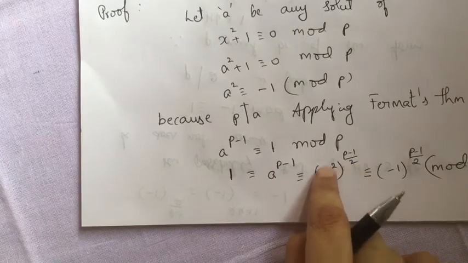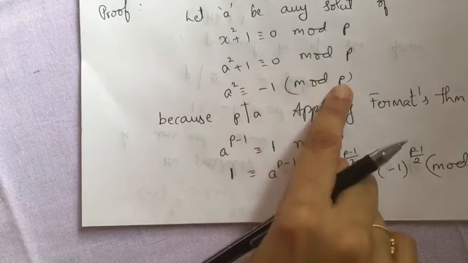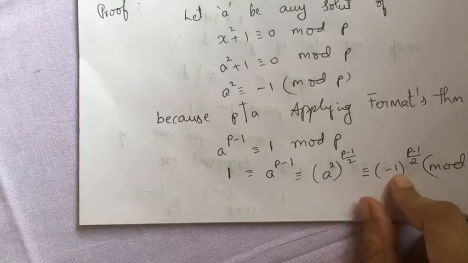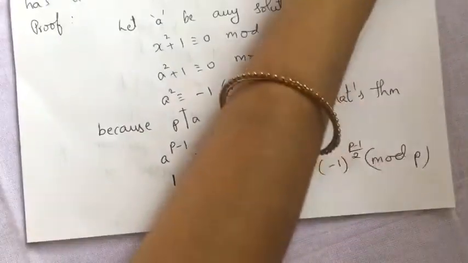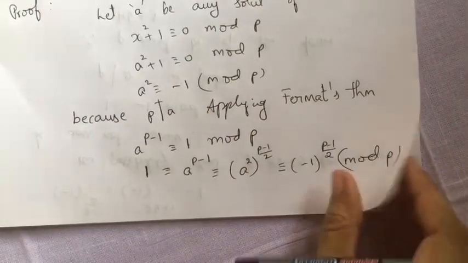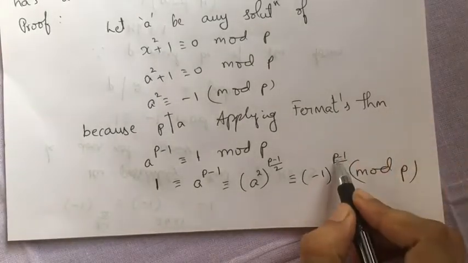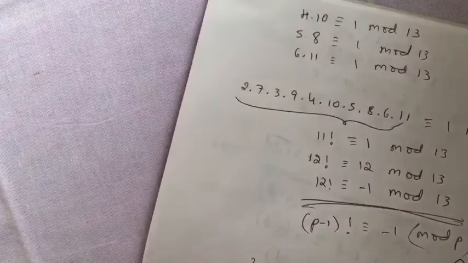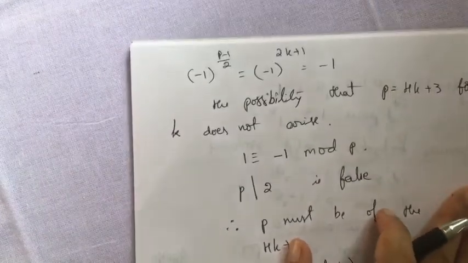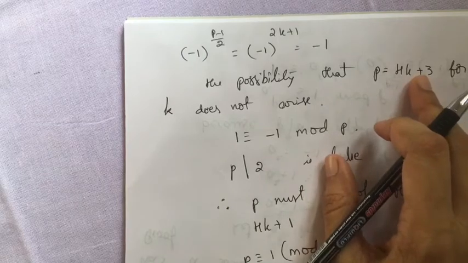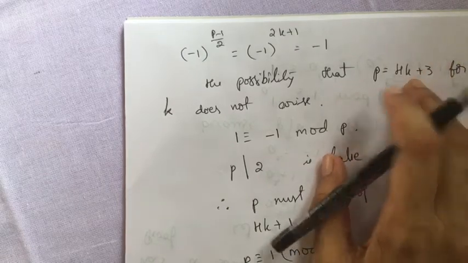And this a square is congruent to minus 1 mod p, so I can write 1 is congruent to minus 1 power p minus 1 by 2 mod p. And thus I can give the values to this p. I can give only those values other than 4k plus 3. I cannot give this. This will not arise.